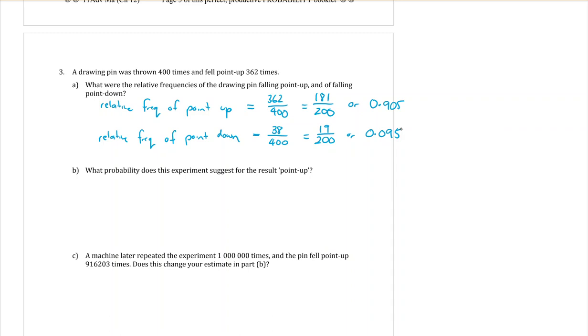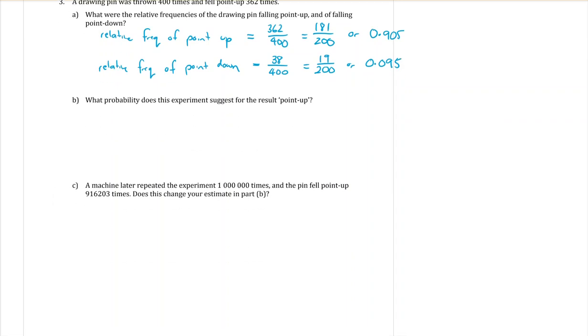What probability does this experiment suggest for the result of point up? So in a way, we're repeating ourselves a little bit here. It already indicated that the relative frequency is pretty much the same as probability, so it's trying to make that connection. So the relative frequency of point up is the same as our probability of point up, which is 0.905.